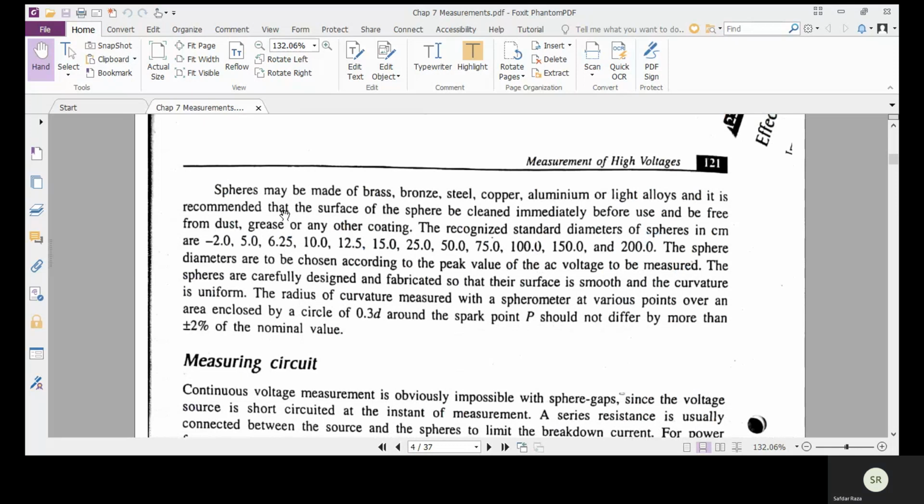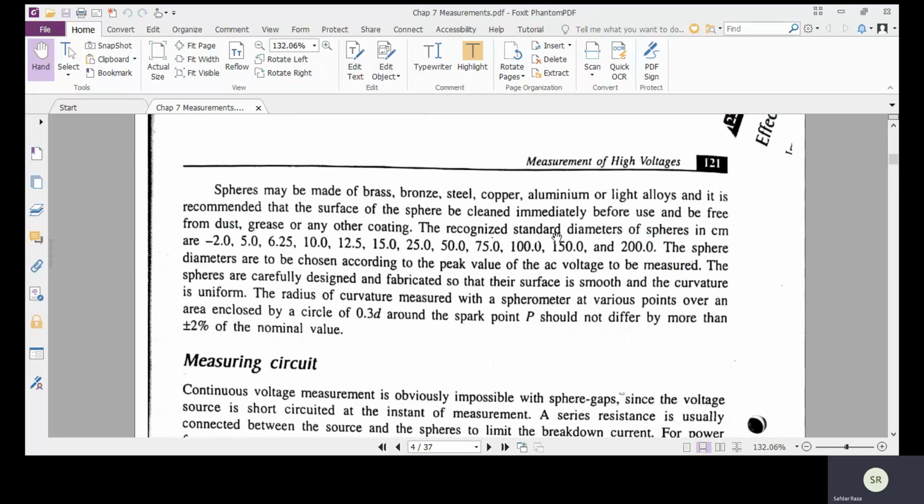So here the authors have discussed the construction of the sphere and the necessary precautions needed before performing the experiment. The necessary precautions include that there must not be dust, grease, or any other coating on the surface of the sphere.